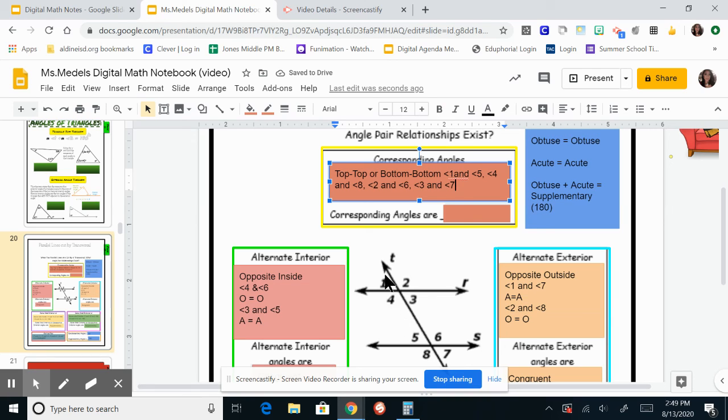So, angle 1 is acute, angle 5 is acute, angle 4 is obtuse, angle 8 is obtuse, 2 is obtuse, 6 is obtuse, 3 is acute, and 7 is acute. Because they are all the same, that means that they are congruent.